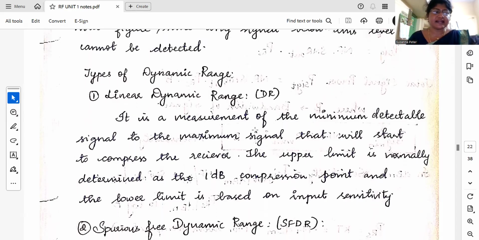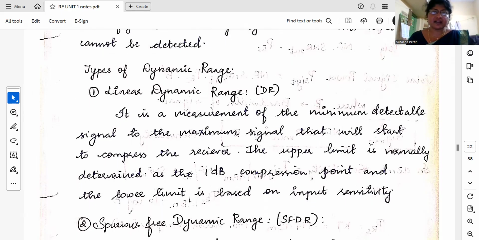It could cause desensitization, meaning the smaller signals will not be taken into consideration and will be lost, which could result in deviation in your system. Then blocking of important signals: some signals will not even appear in the output, they will be lost. That's called blocking. Then non-linear distortion, which is interference in the signal.